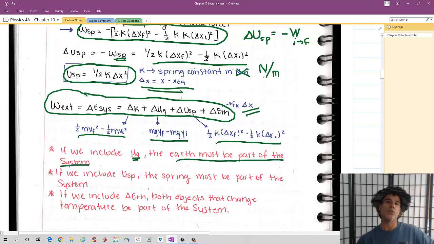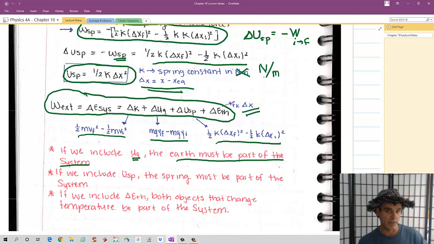If I don't include the Earth as part of my system, then gravity is an external force that does work on the system, changing the energy of the system. If I do include the Earth as part of the system, then gravitational potential energy is transformed into other forms, namely kinetic.